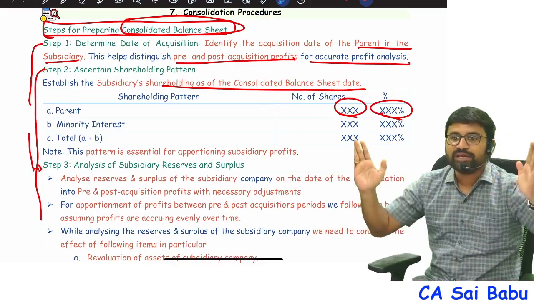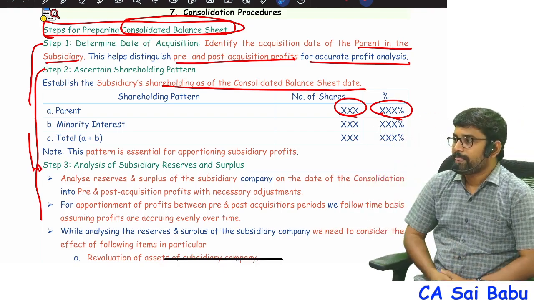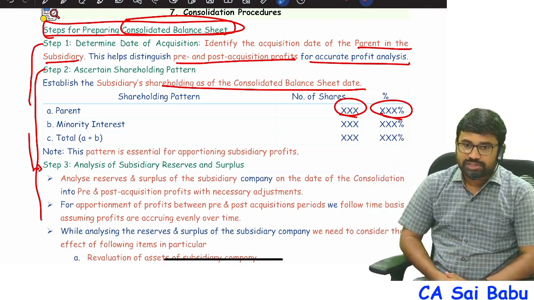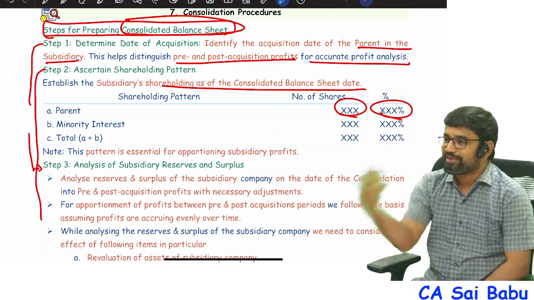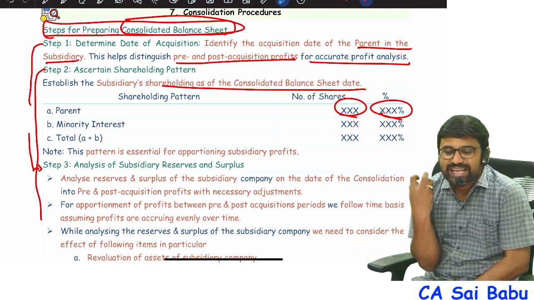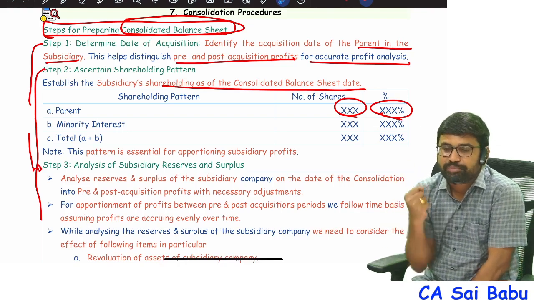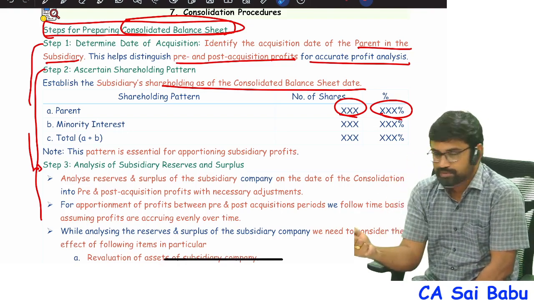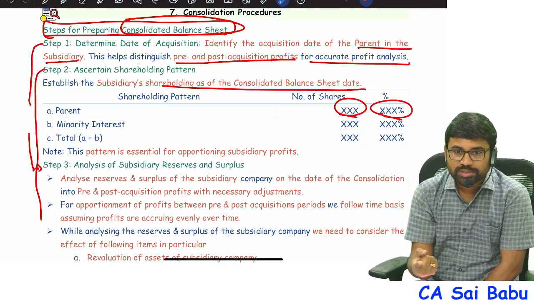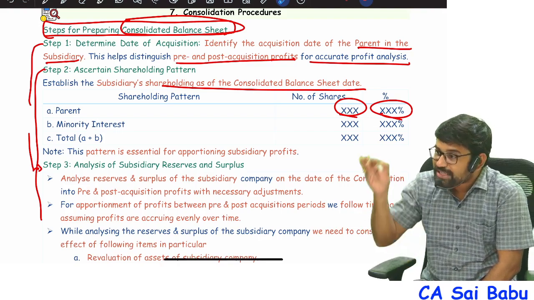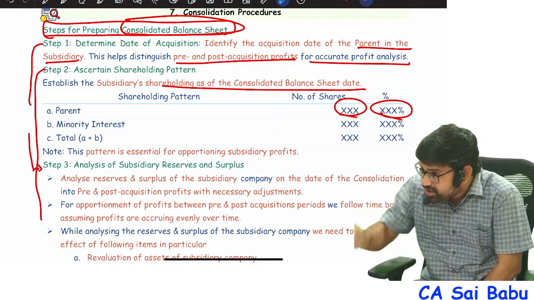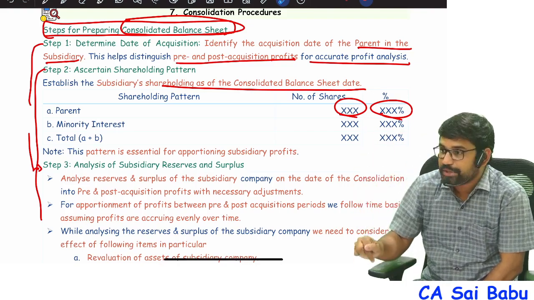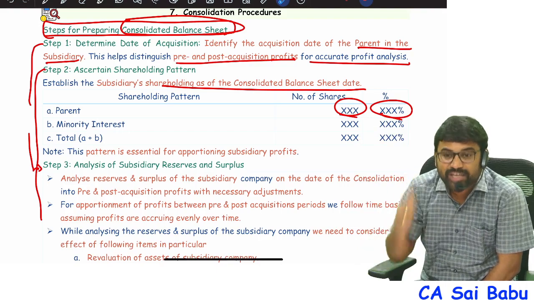First, tell me, what is the first step? Date of acquisition. On which date parent acquired subsidiary? This date is relevant for analyzing the subsidiary company profits into pre and post. Step number 2. Shareholding pattern on the date of consolidation. In the subsidiary company, parent company is having how much?